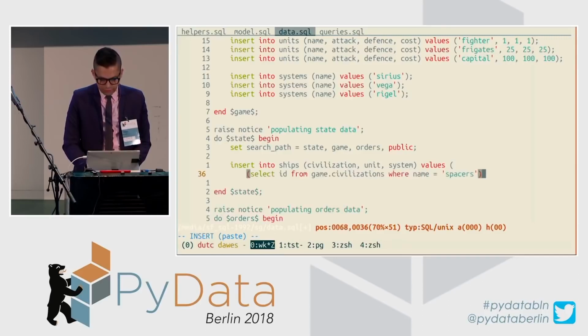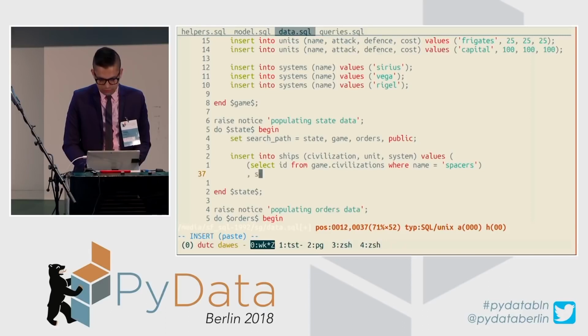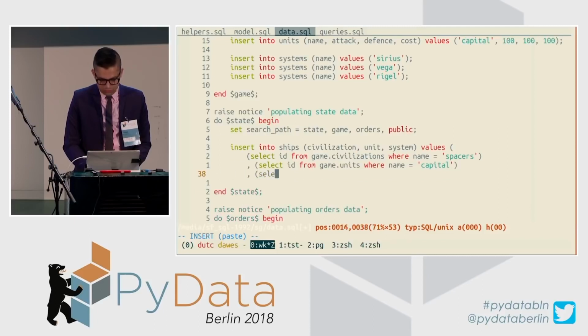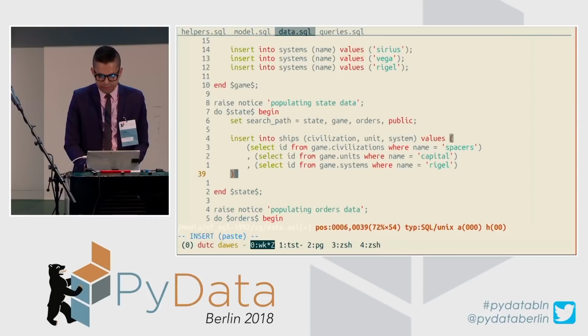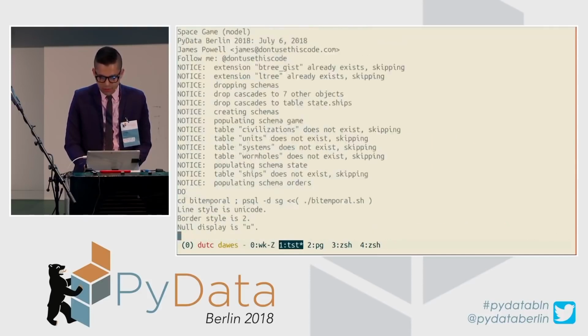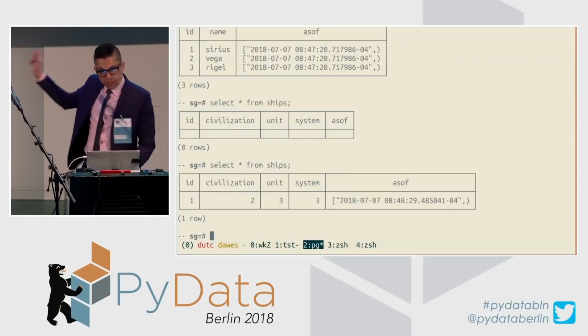Spacers. And we'll just stick it there. Okay, then we'll run our test, and then we'll look at the results in our shell. So you can see there's one row here.